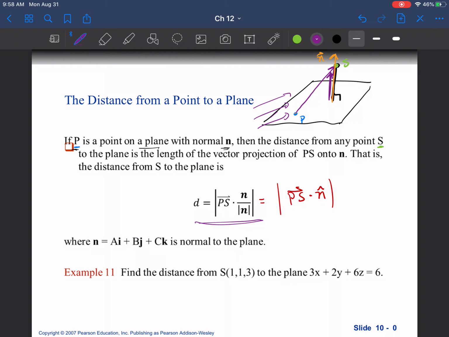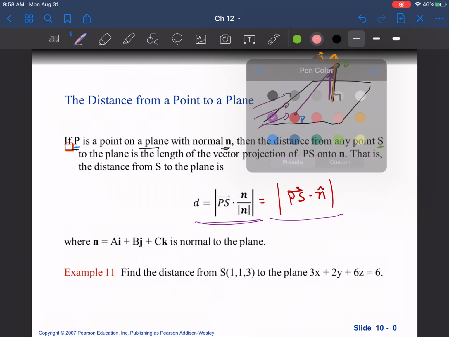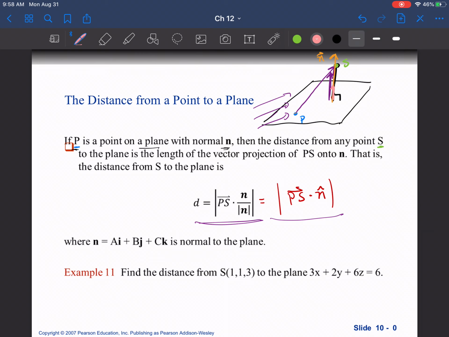Here we have the equation that you're given, but I like it this way. It's PS times a normal vector. That way I'm not using just any vector. I'm taking just a normal vector right here that has a length of 1, and therefore when I do the dot product of them together, I'm going to get just the components that were parallel, and therefore end up with just the length of PS in the normal direction.